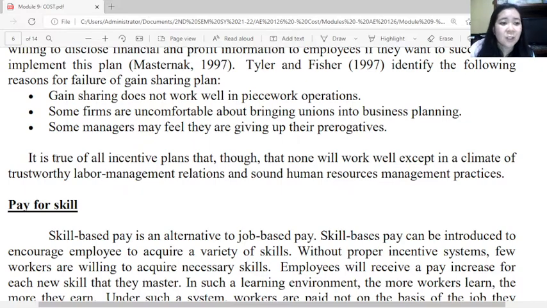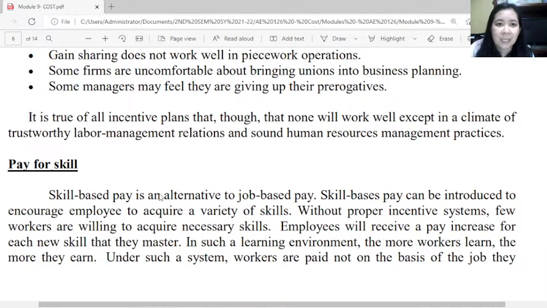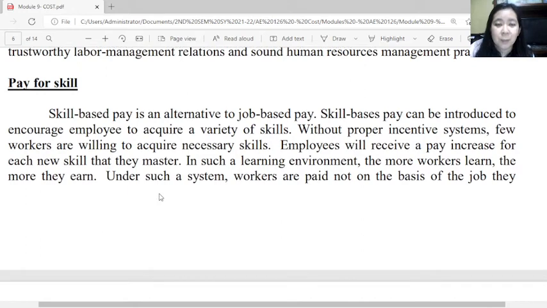It is true of all incentive plans that none will work well except in a climate of trustworthy labor-management relations and sound human resources management practices. That is a very important principle that they should follow in their organizational culture.